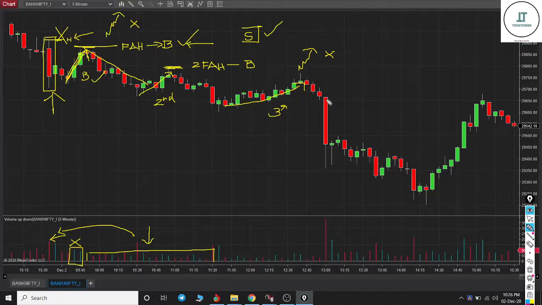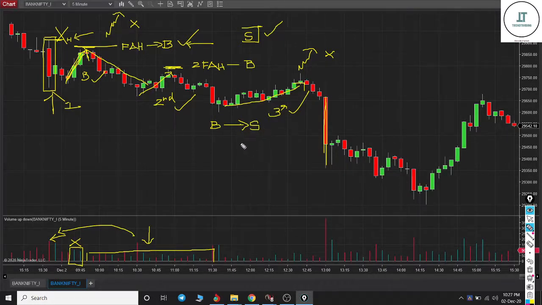And look at this one shot down move which has cleared everything. All these buyer attempts, number 1, number 2, number 3, when price came down faster, they were forced to book their losses. That means they are already buyers, so to close their positions they need to sell.